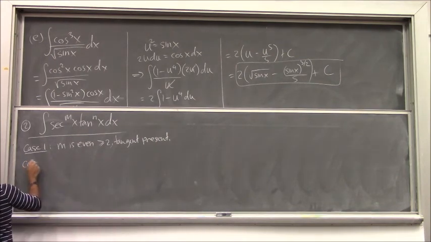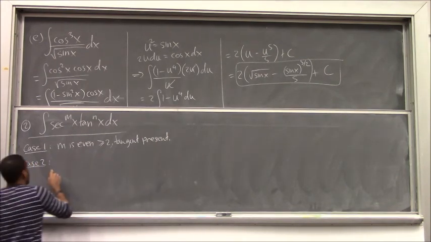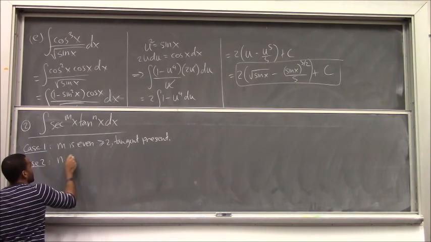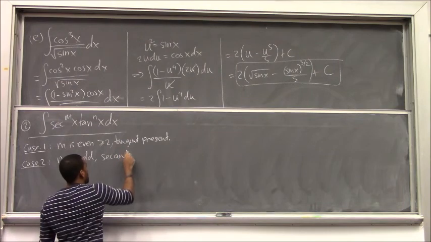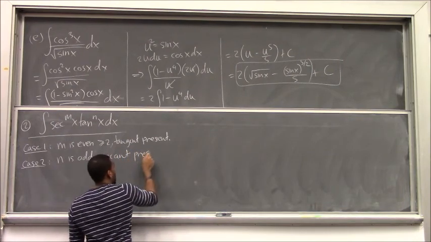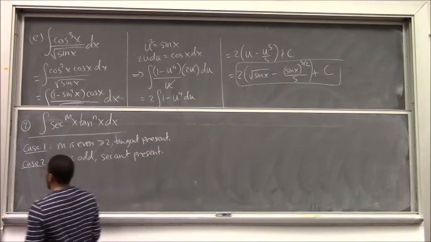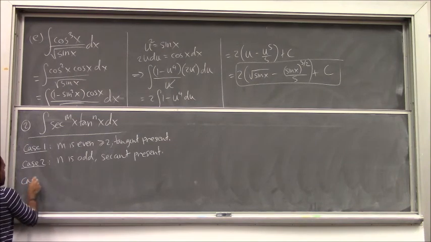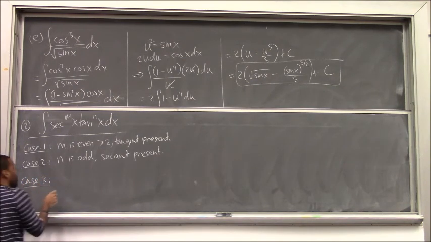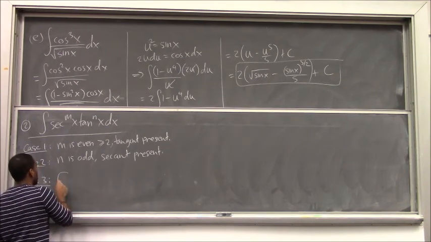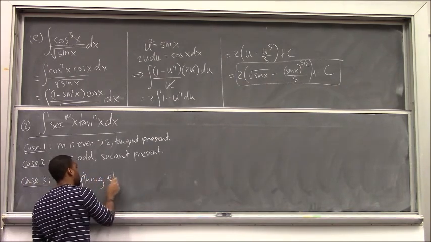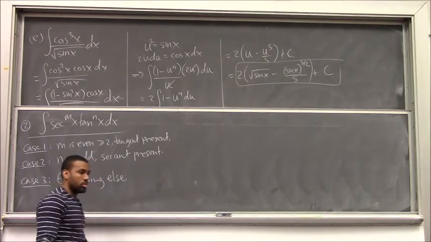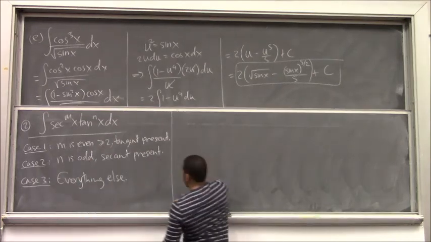Case 2: n is odd, secant present. Case 3: everything else. Okay, so we're going to deal with these three cases.